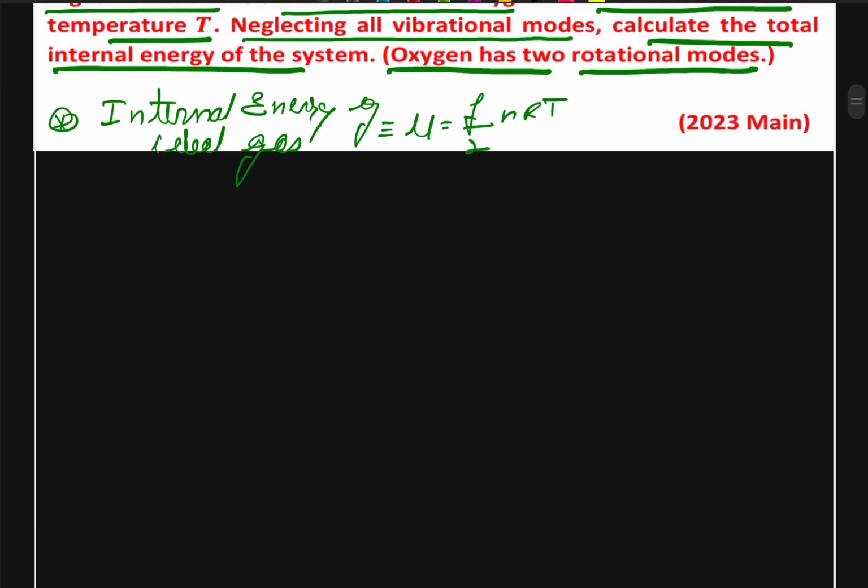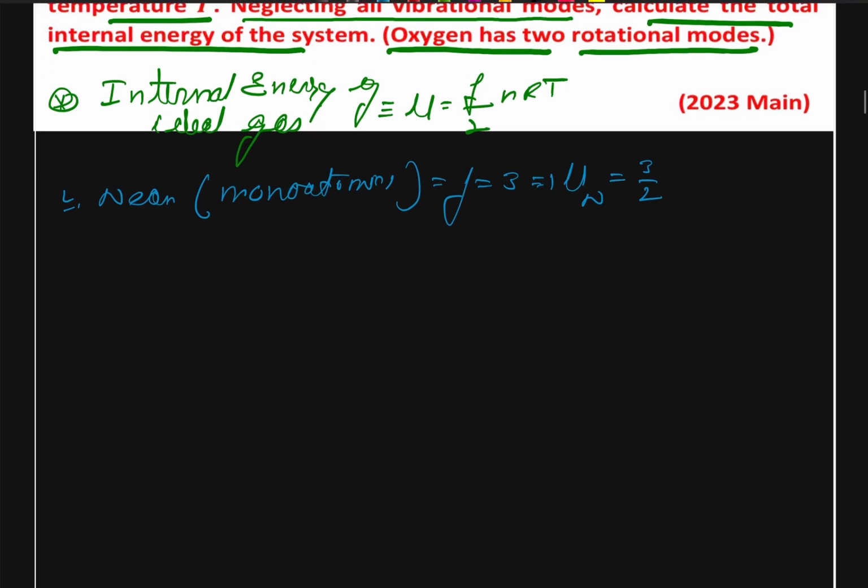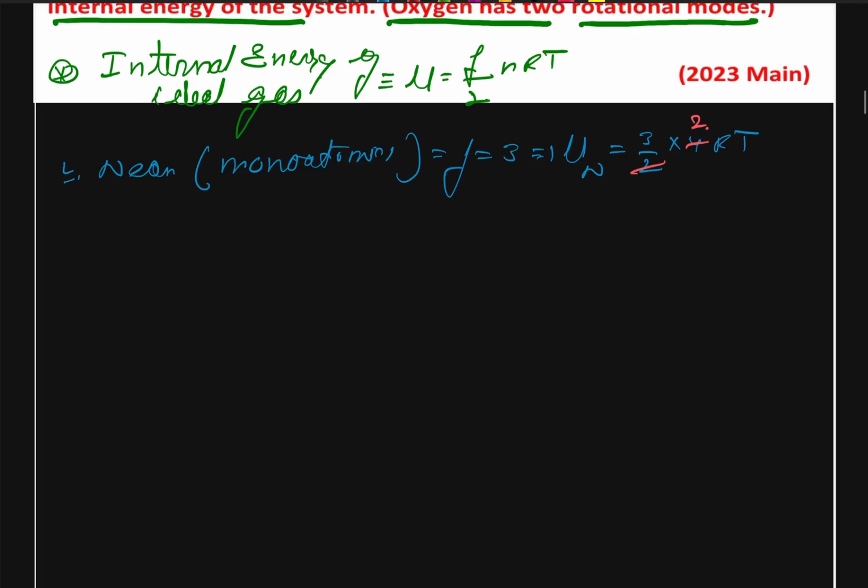We have neon gas, which is monatomic, giving us a value of f equal to 3. Therefore, the energy associated with neon will be 3 by 2 times the number of moles of neon, 4, times RT, and 4 times 3 by 2 gives 6, so the internal energy associated with neon is 6 RT.